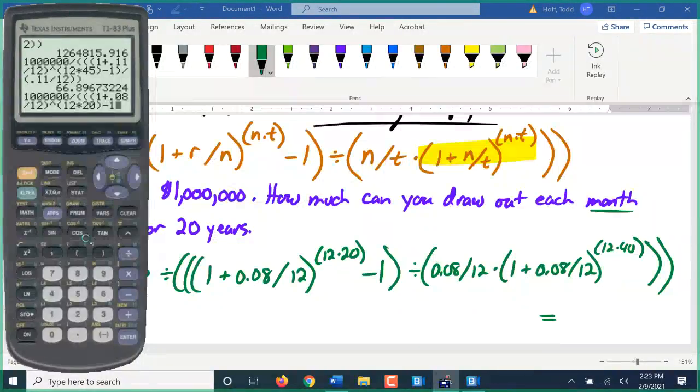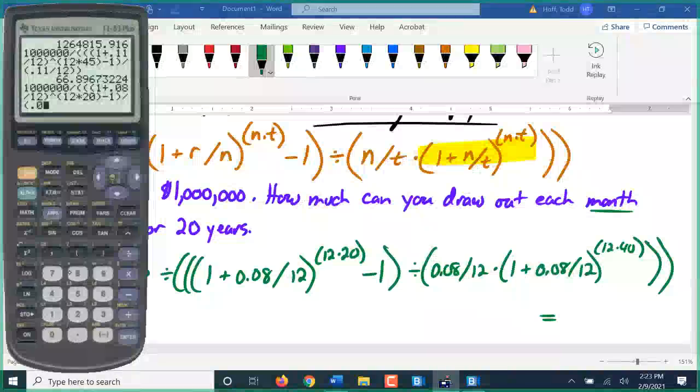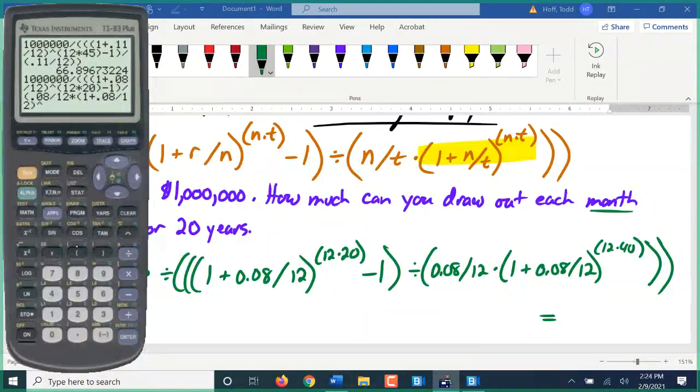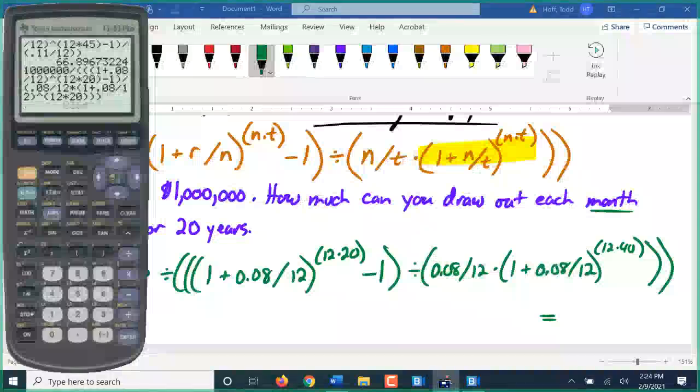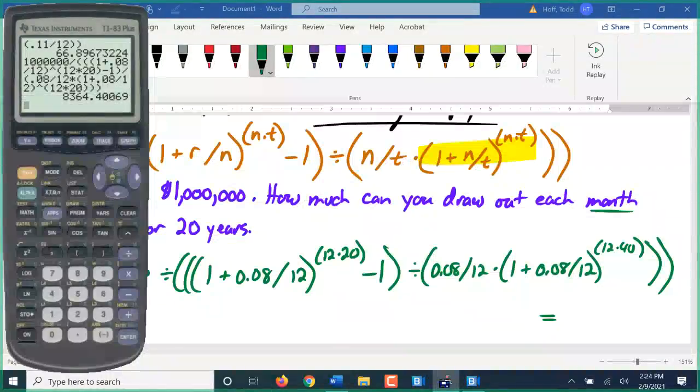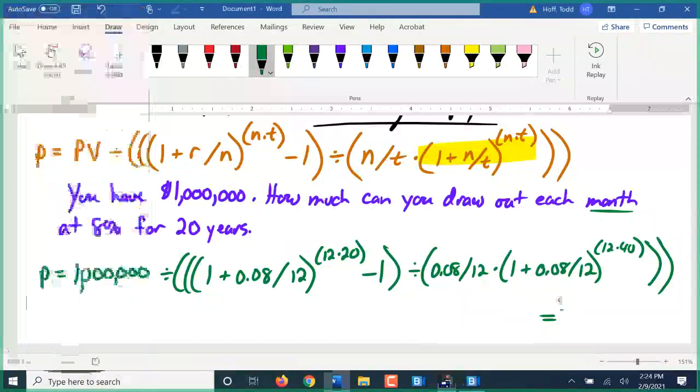Minus 1, close them again, divided by, open parentheses, 0.08 divided by 12 times, parentheses, 1 plus 0.08 divided by 12, close parentheses, to the power of 12 times 20, close parentheses, and we close them 2 more times. So if you're going to gain 8% and you're going to draw out for 20 years, that $1 million gives you $8,364.40 a month.